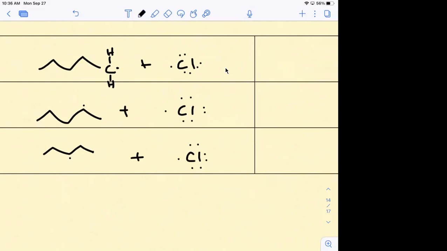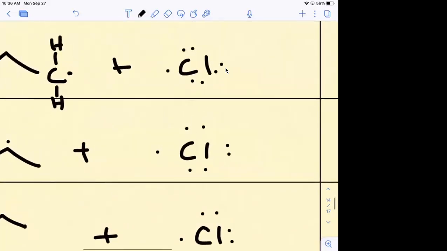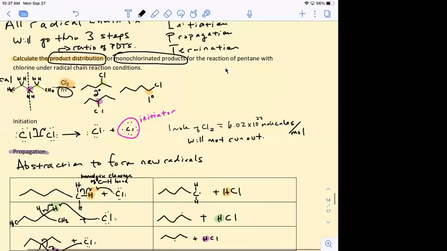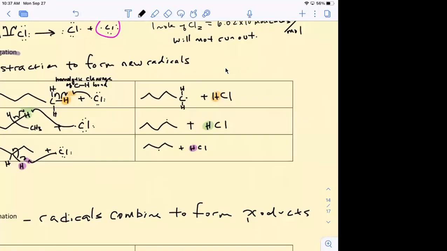All right, we're following. Anybody not following? Say something. All right, so now it's just as simple as putting these together, right? And I think I already drew the products up here. I'm going to cheat and copy.